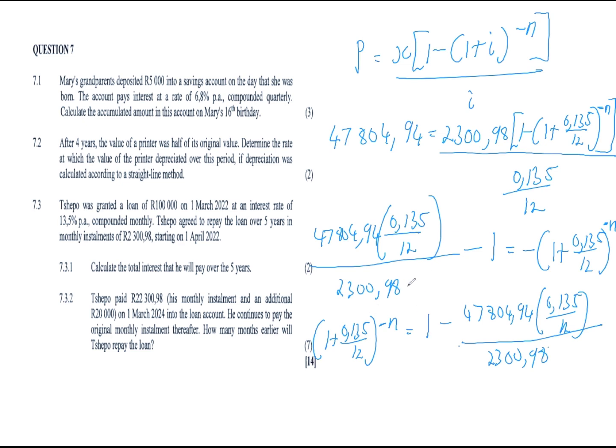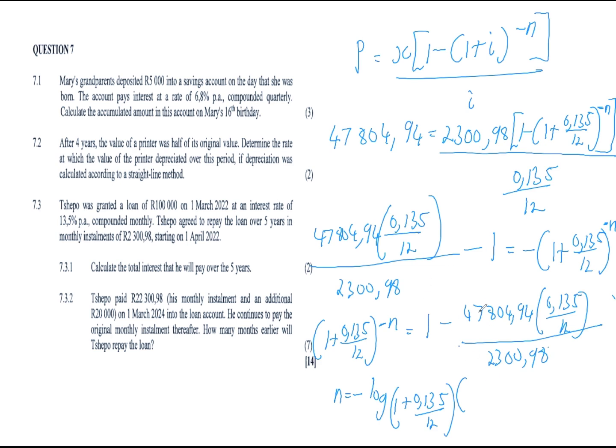So, okay, from there on, that's where you need to punch all of this into your calculator. So you'd have your n is equal to negative log, and then take all of this, 1 plus 0.135 over 12, and then take all of that.